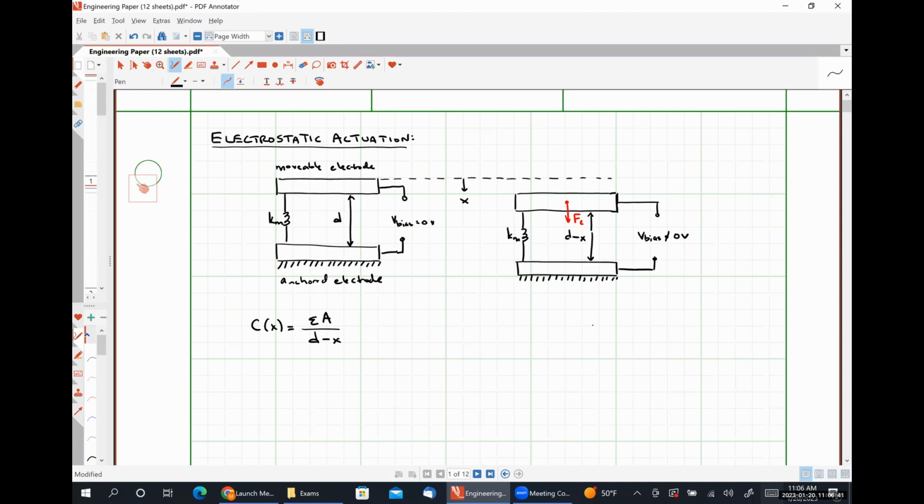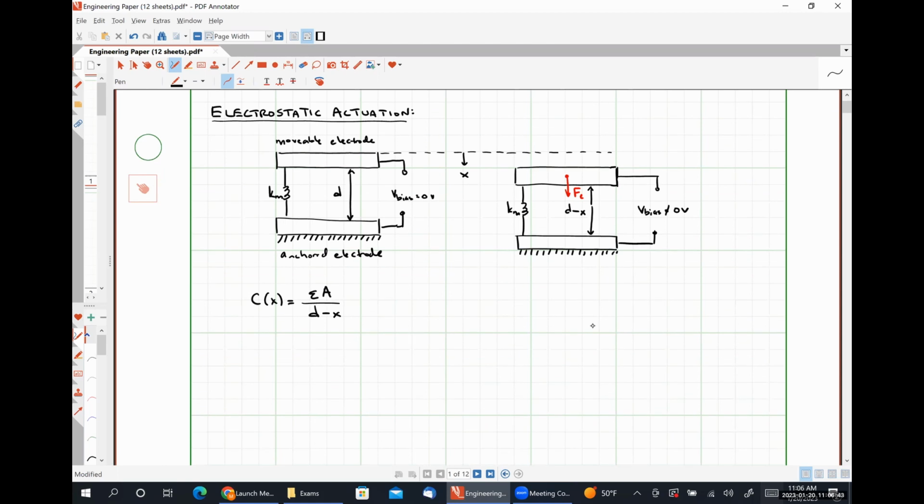Now, we know that the energy stored by a capacitor is dependent on the capacitance value. And since our capacitance value in this case is dependent on X because we're allowing one of our plates to move, that means our energy is also going to be dependent on position.